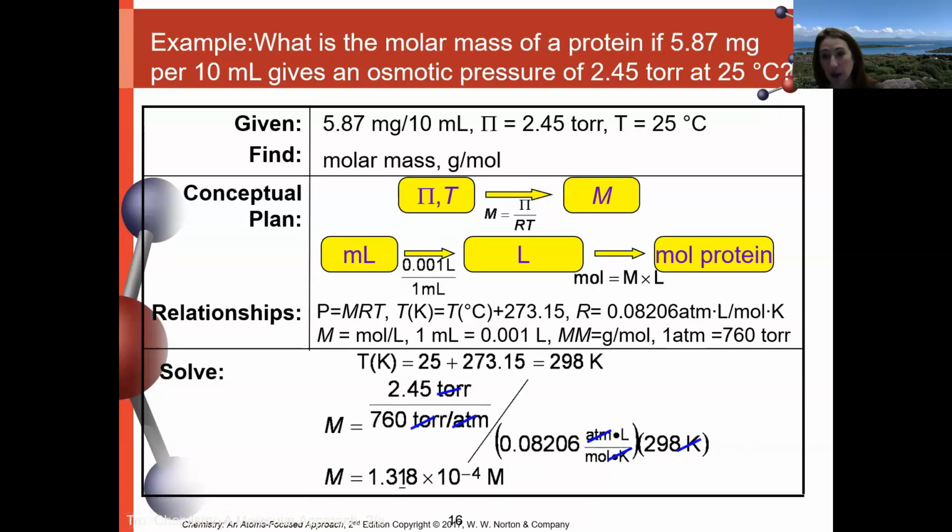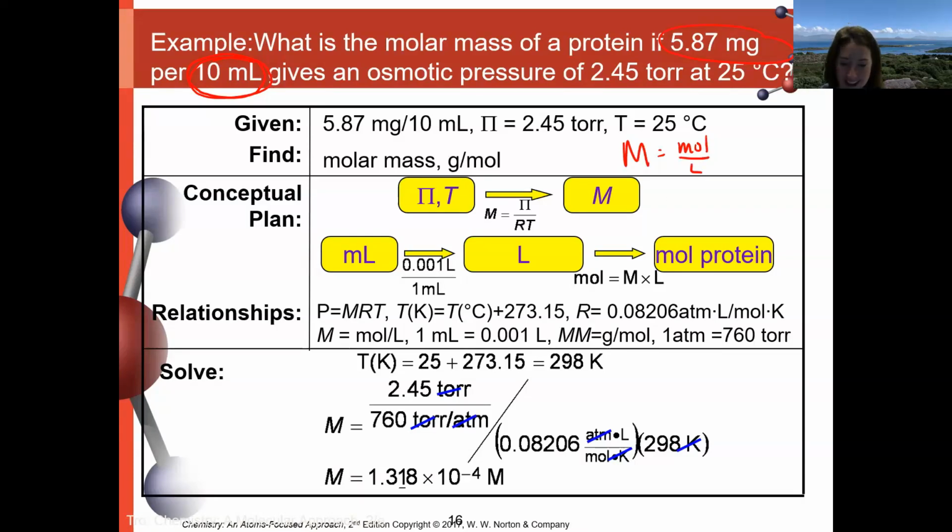So then we can get to our moles. Again, how do we get to our moles? Well, we have molarity, and we have our milligrams. Because remember this, molarity is moles over liters, right?